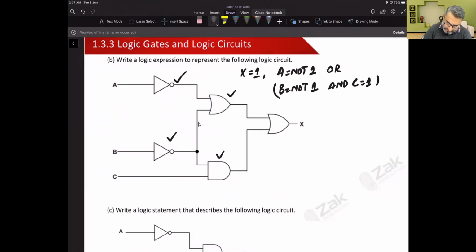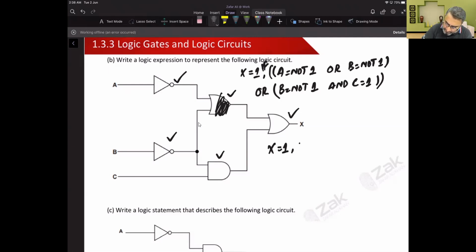And for this, a is equal to not 1 or b is equal to not 1 over here, and over here it is this. And now this or goes here, or this would be simply x is equal to 1.